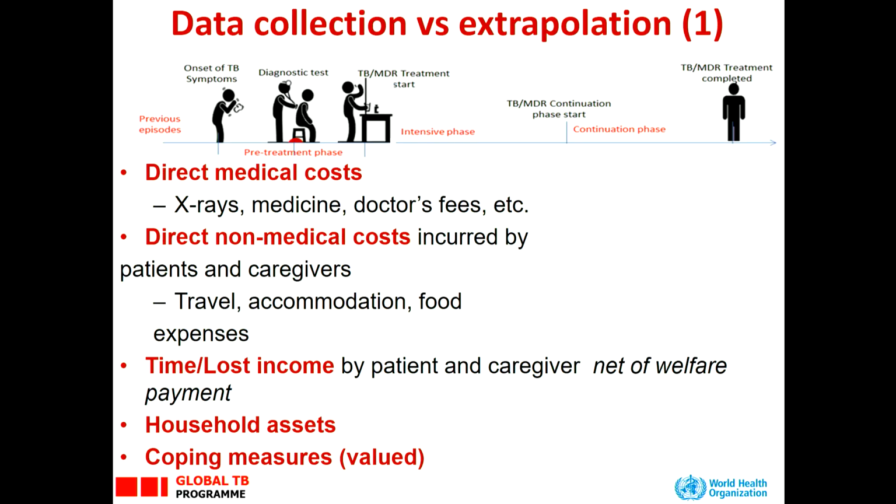As I was referring to before, we collect information on income pre-disease and post-disease. And we also collect information on household assets, in order to provide another measure of income, this time estimated based on household ownership. And lastly, we also collect coping measures, with their valuation, so anything from borrowing to selling assets and so on.